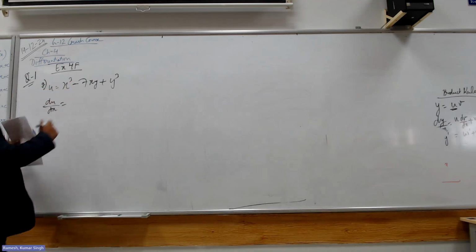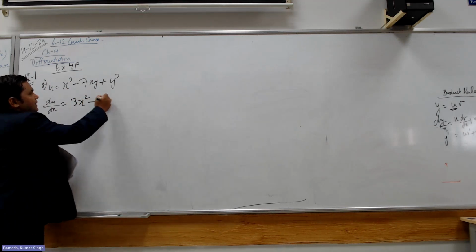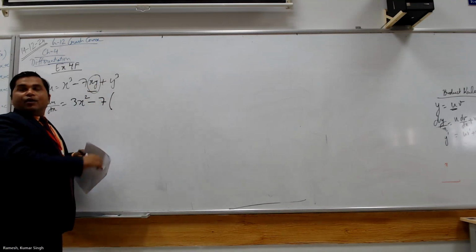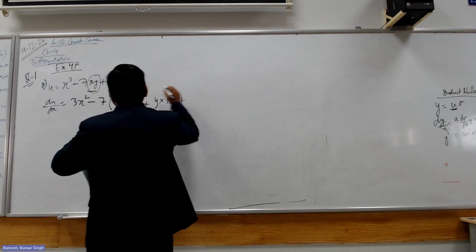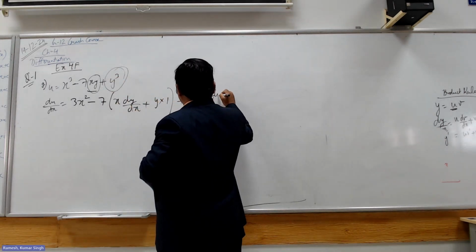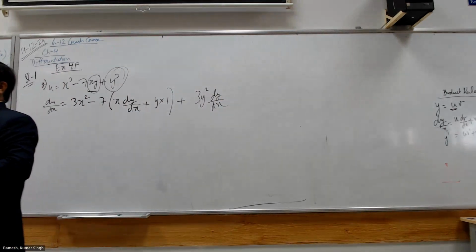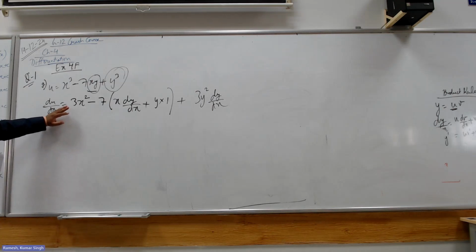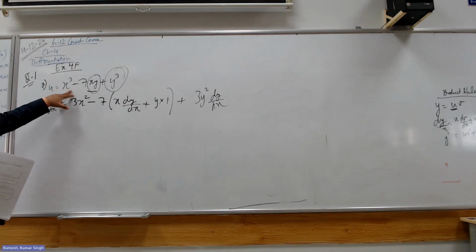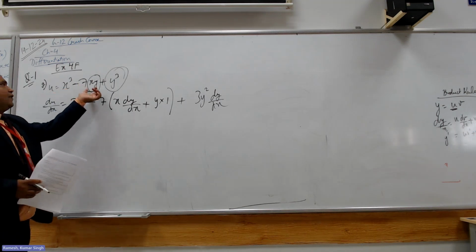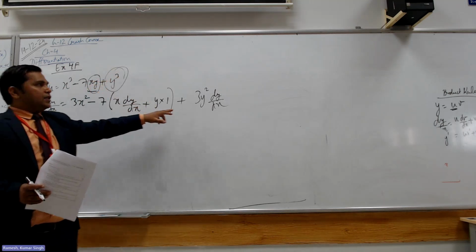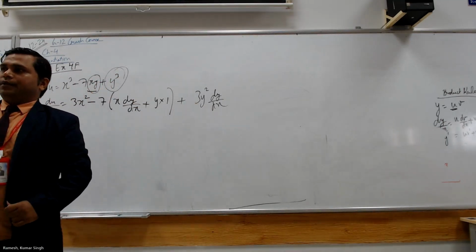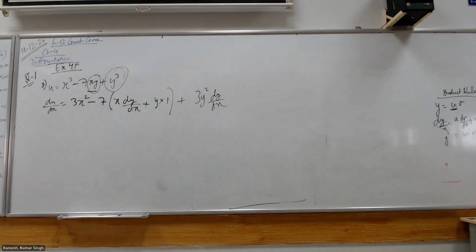The differentiation of x cubed is 3x squared, minus 7 times the differentiation of xy using the product rule: x dy over dx plus y times 1, plus the differentiation of y cubed, which is 3y squared dy over dx. That's the answer. Is this clear?